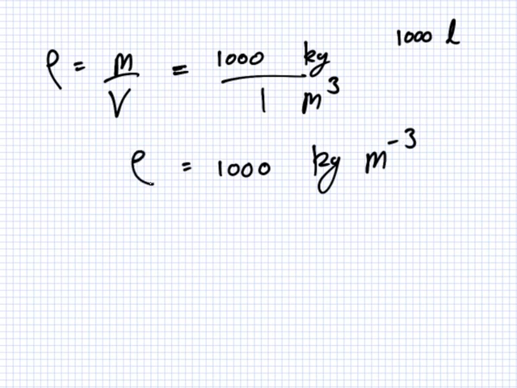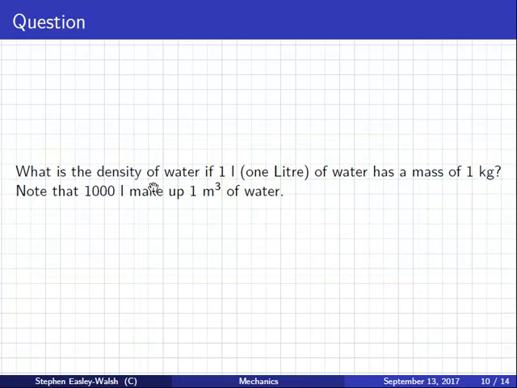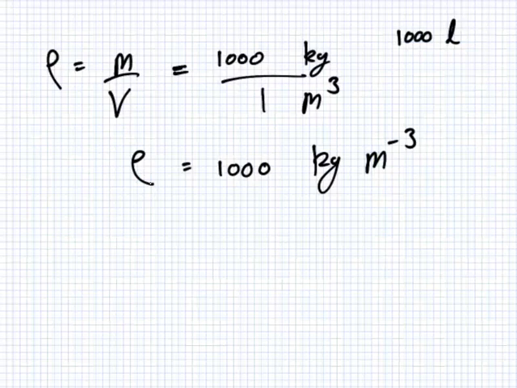So the density of water is quite large. Water is pretty dense. Now, that's a simple example. We'll start making them more difficult. So if you can just write this example down. It's a simple example.